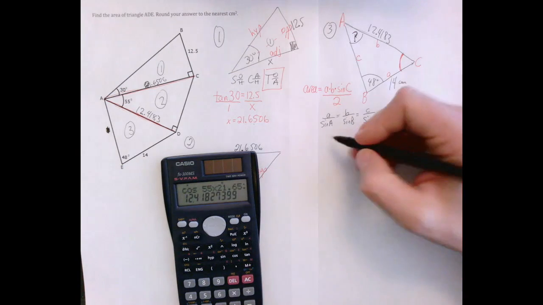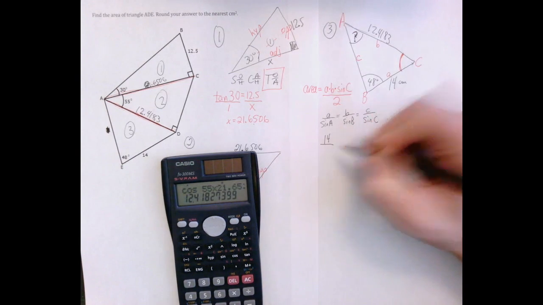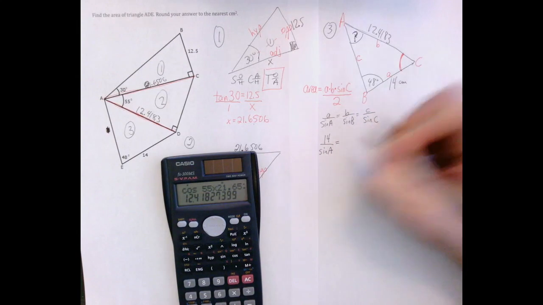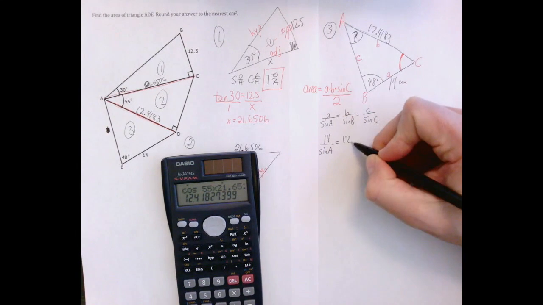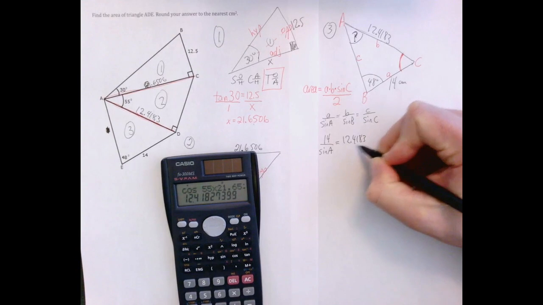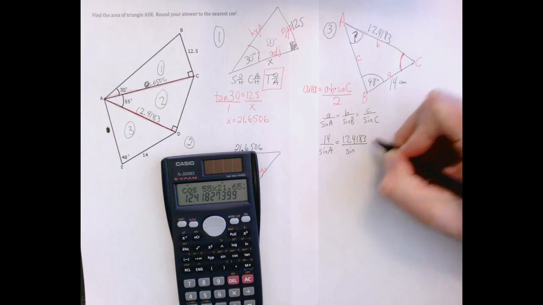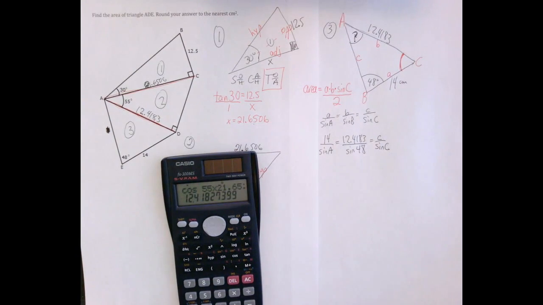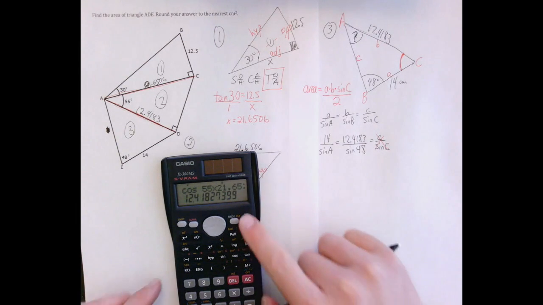So let me fill in what I know. Little a is 14 divided by the sin of angle A, which is unknown. Lowercase b is 12.4183 divided by the sin of angle B, which is 48. Now my c's, I can write them, but I don't know anything about them, nor do I need them. So I'm going to ignore that fraction. And now to solve, I'm going to cross multiply.